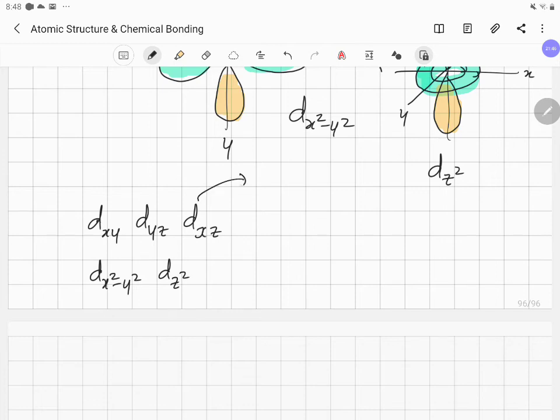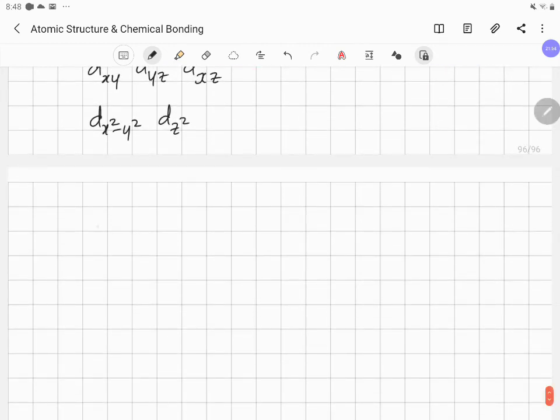All these d orbitals stand for L is equal to 2, the azimuthal quantum number L is equal to 2, right? So the d orbital starts with L is equal to 2. So n should be at least 3, because for n is equal to 3, L can have values 0, 1, 2. So 0 is s orbital, 1 is p orbital, 2 is d orbital.